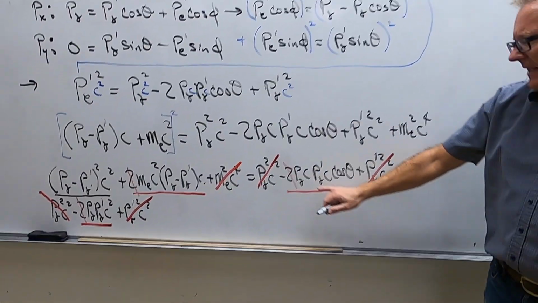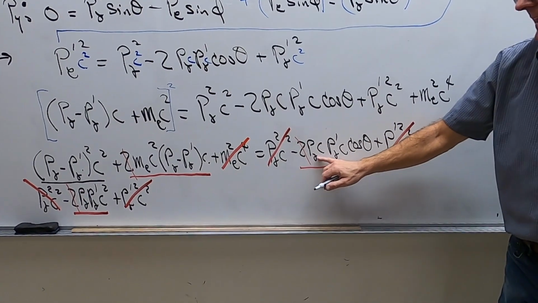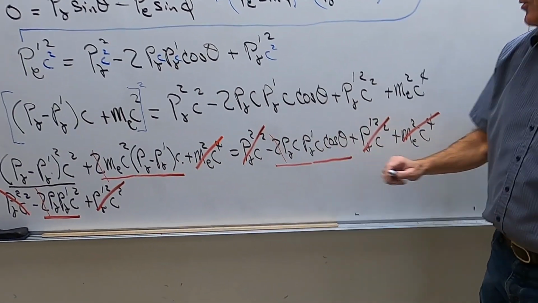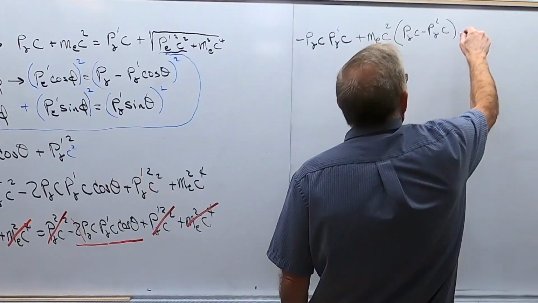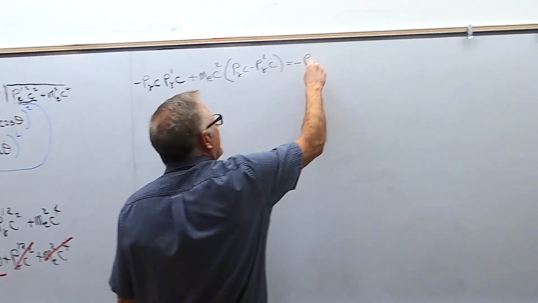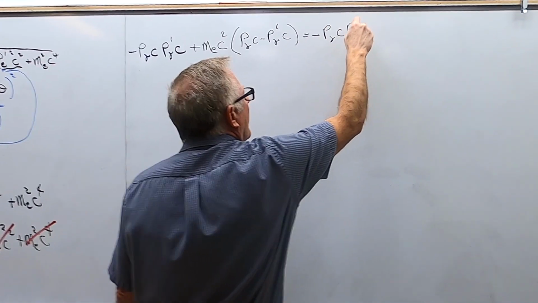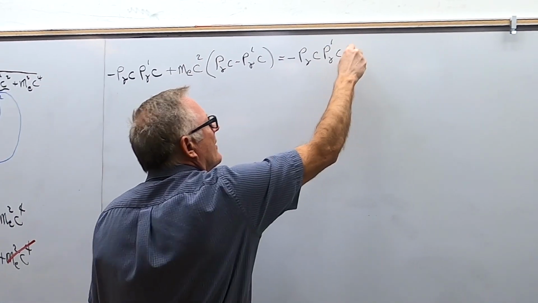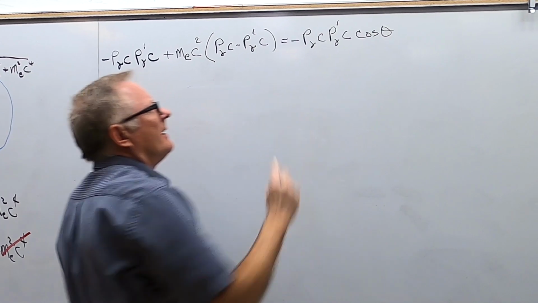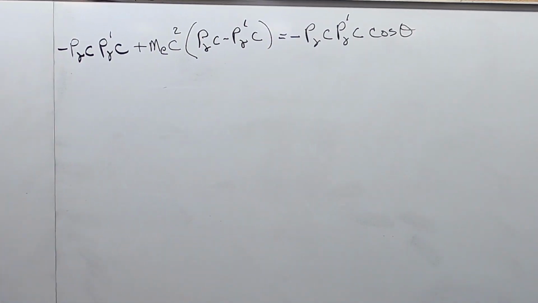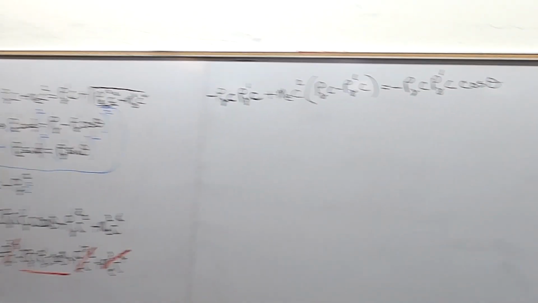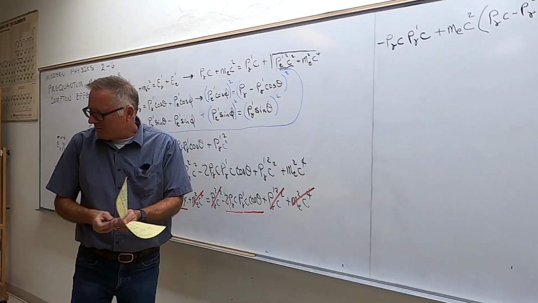And the whole right-hand side is minus P gamma C, P gamma prime C cosine theta. Okay, I can multiply everything by a minus 1.